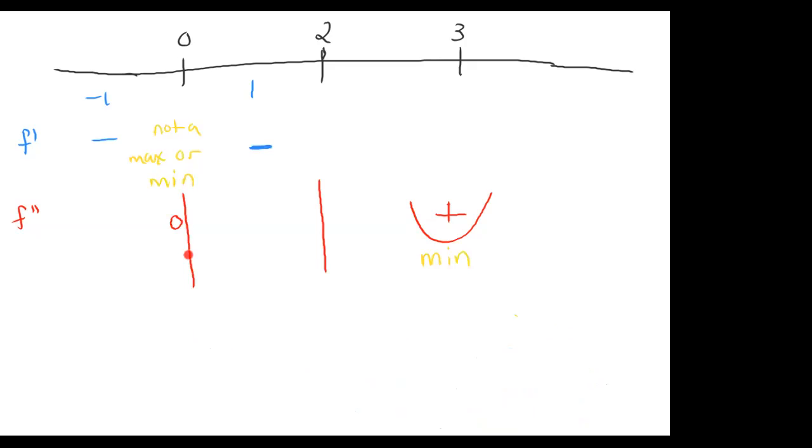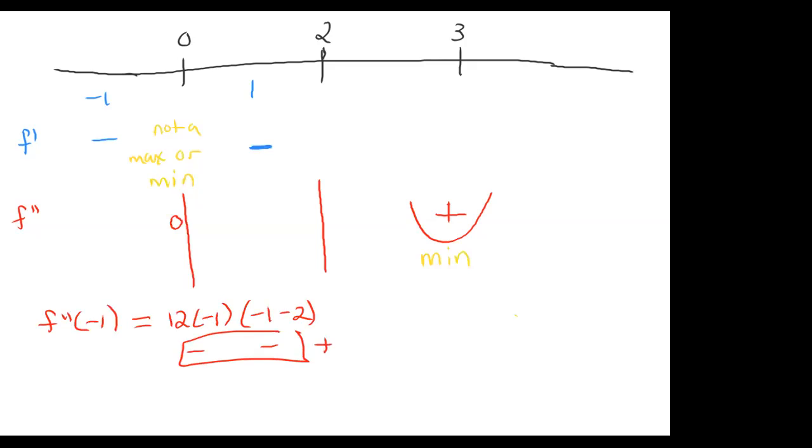Only possible way that I can do that is to choose test values. So maybe let's test -1 in the second derivative. F prime prime of -1 is equal to, I'm going to use the factored form, 12 times -1 times -1 minus 2, which is something negative times something negative. This gives me a positive number.